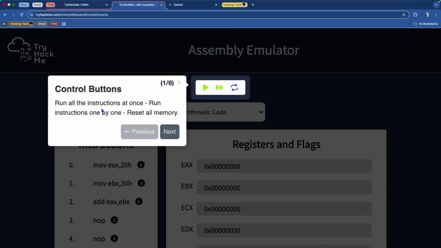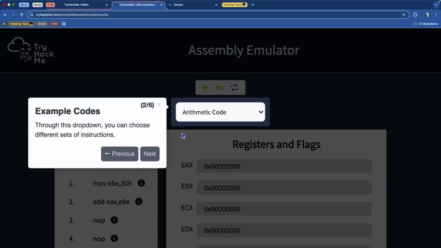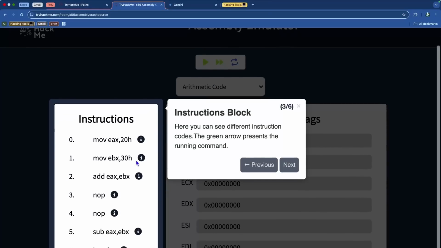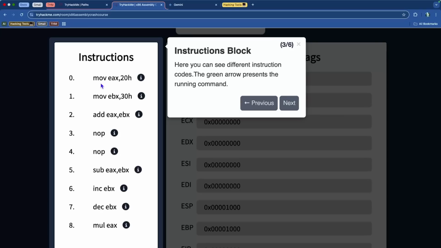We have the control buttons: run all the instructions at once, run instructions one by one, reset all memory. So run all at once, run one by one, and then reset. The next one, you can choose different sets of instructions, so arithmetic code or other general types of code. The instruction block would be the stuff that you want to do. You can see different instruction codes.